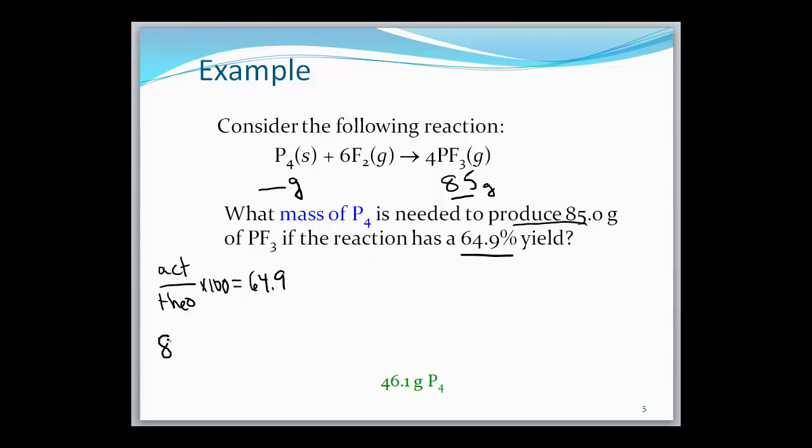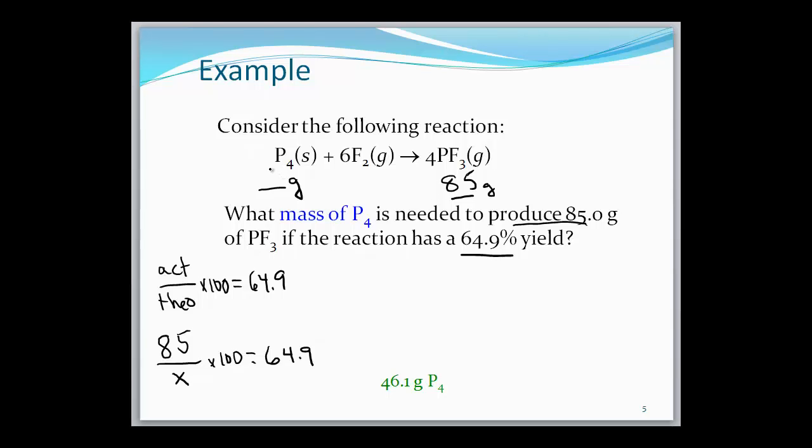So we would know we have 85 over, let's just call our unknown x, times 100 is equal to 64.9. Now the question might be, well, what does that tell us and how did you know how to do that?